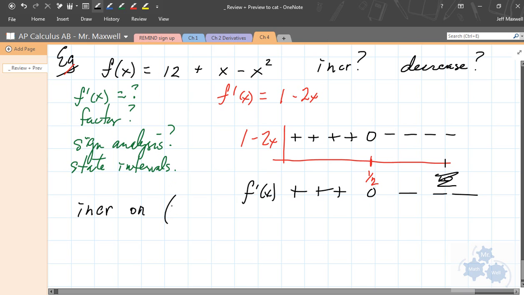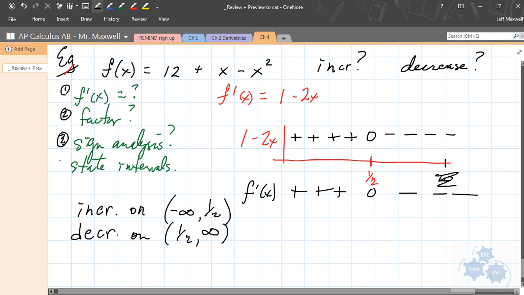Negative infinity to 1/2. And it is decreasing on 1/2 to infinity. Very good. Okay, so here are your steps: find the derivative, make sure it's factored, do sign analysis, and state your intervals. Done.